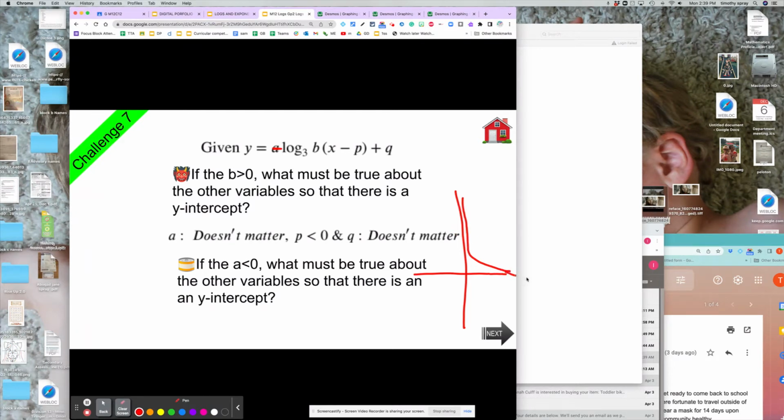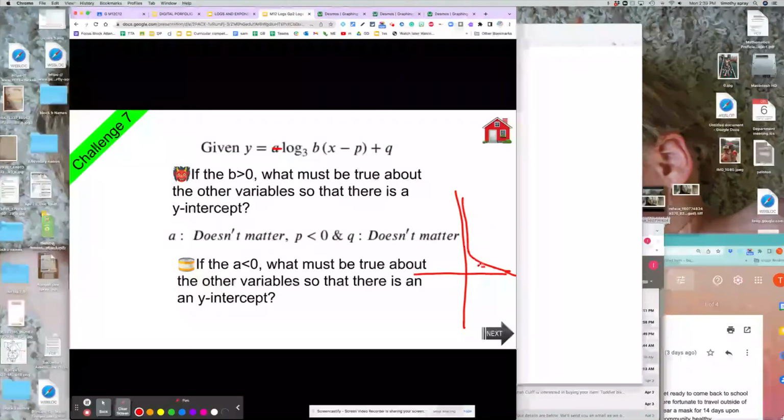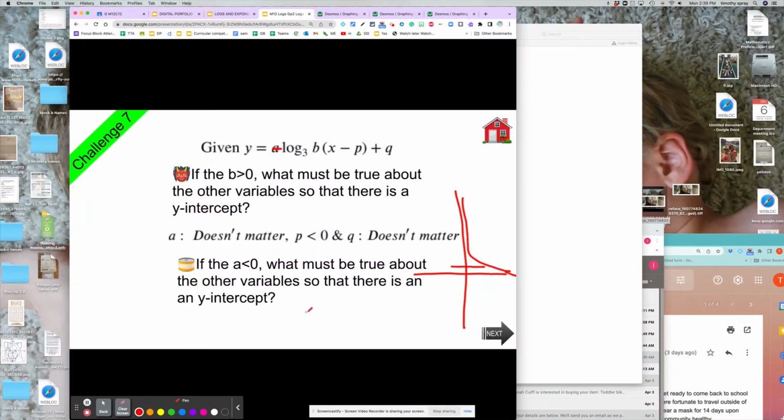Sorry, that doesn't go like that. It goes down more. Gosh, you got me thinking. Okay, so what must be true? Well, we know that p, if we shift p over, oh, yeah, sorry. What would we have to be true about the p? Okay, the q value, sorry.